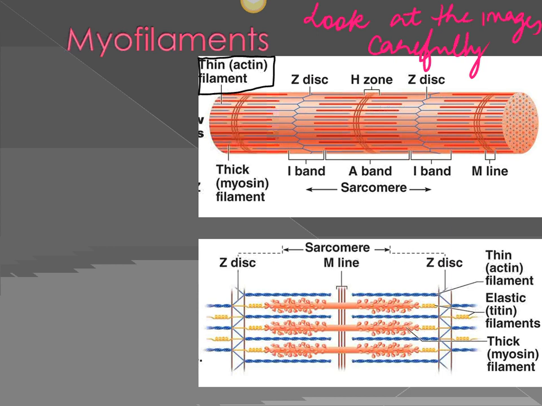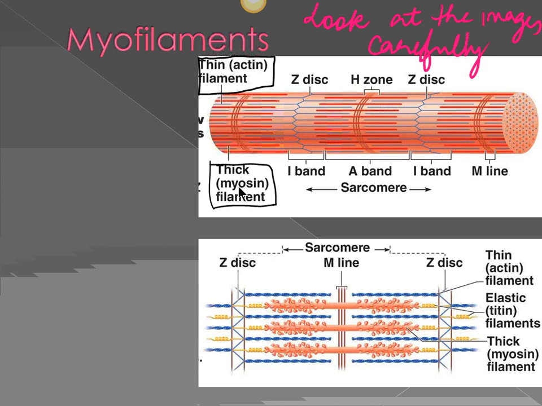So thin filaments are also called actin filaments, as given right here. Thick filaments are also known as myosin filaments. So these are the two myofilaments, actin and myosin. Actin is the thin one, and myosin is the thick filament.